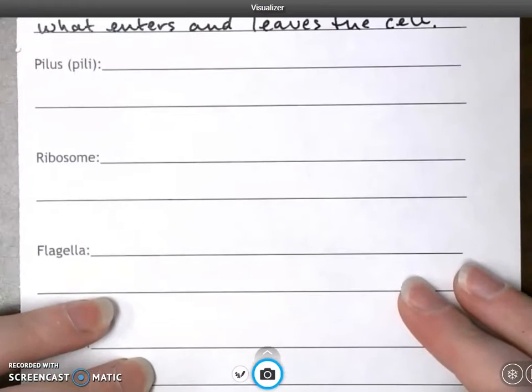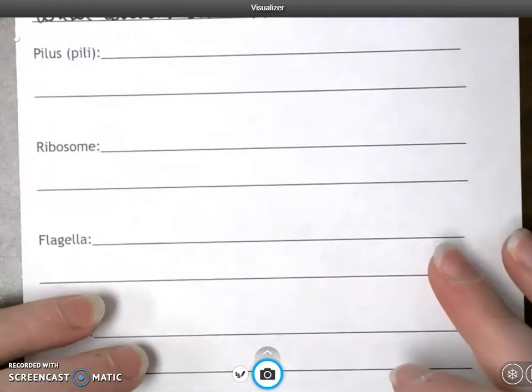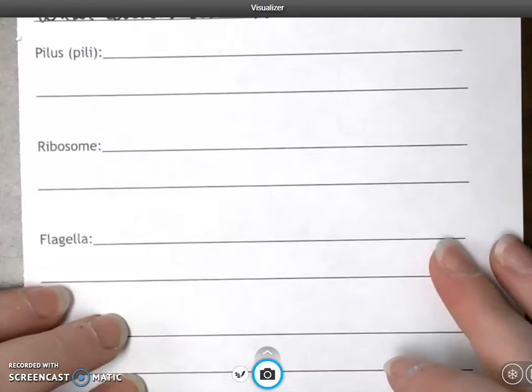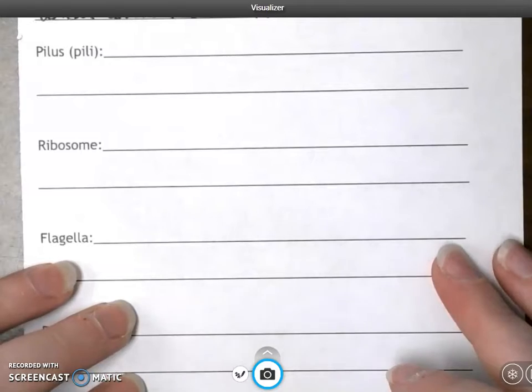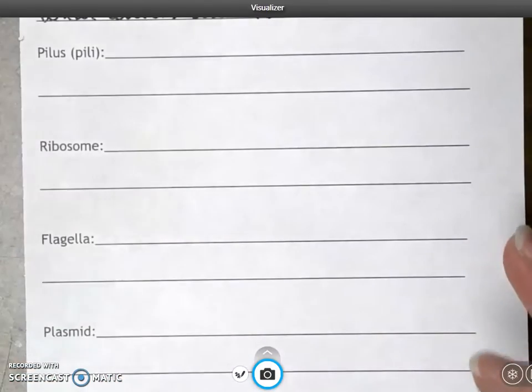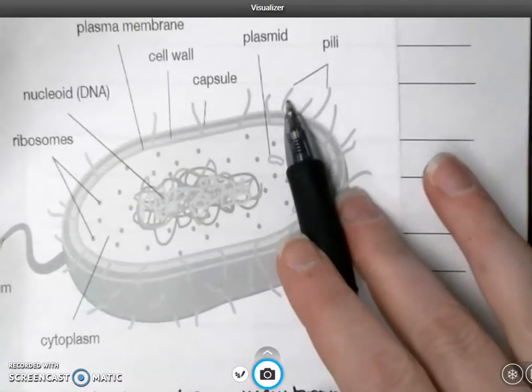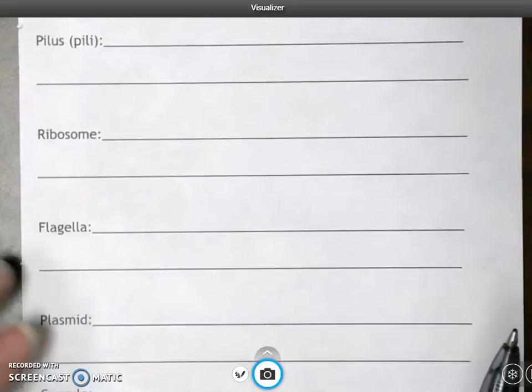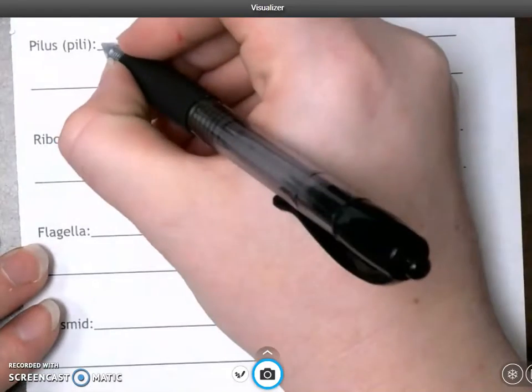Okay, our next piece of the prokaryotic cell is pilus, which is singular, or pili, which is plural. They're the hair-looking thingies right here. Okay, they are extensions of the plasma membrane.